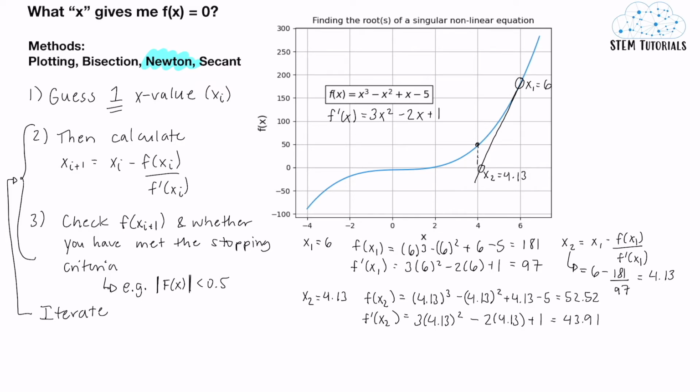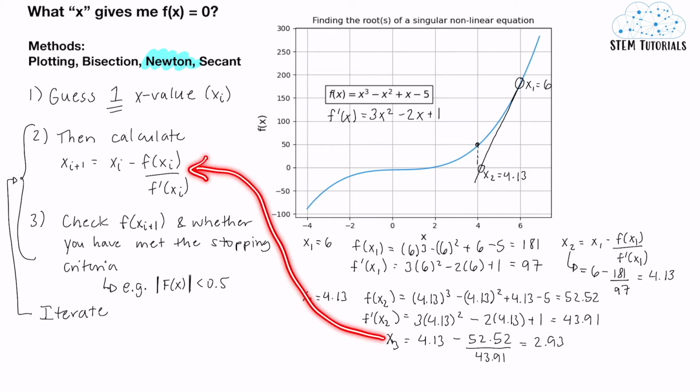And then substituting this again into our equation, we get x3 equals our 4.13 minus 52.52 over 43.91, and then typing it in the calculator, 2.93. So again, this was calculated with this equation up here.